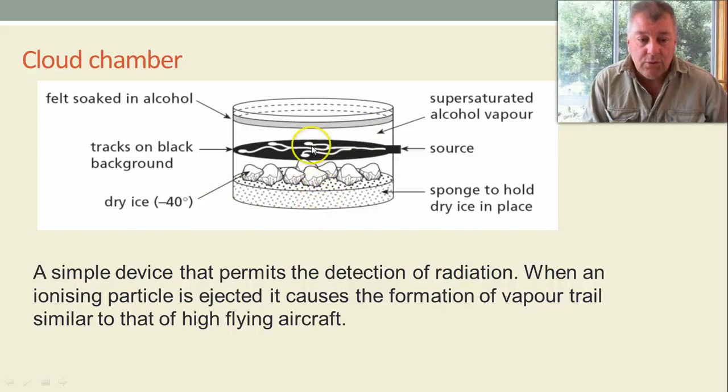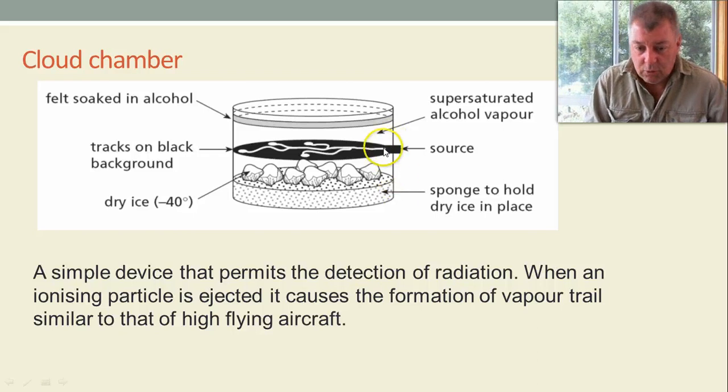Usually there's a felt, but sometimes on this sponge you soak it in pure alcohol, not something like Jim Beam or anything like that. I don't think that would actually work. And because it's super cold, the atmosphere in here becomes what's called supersaturated in alcohol vapor. You can't actually see it, but it's carrying as much alcohol in suspension as it possibly can.